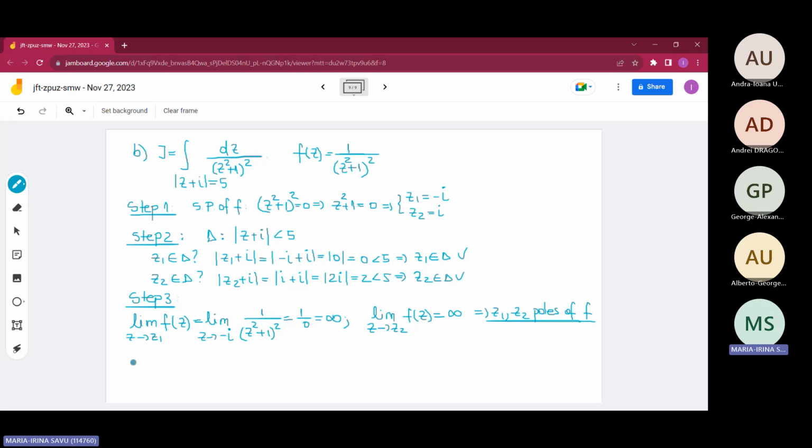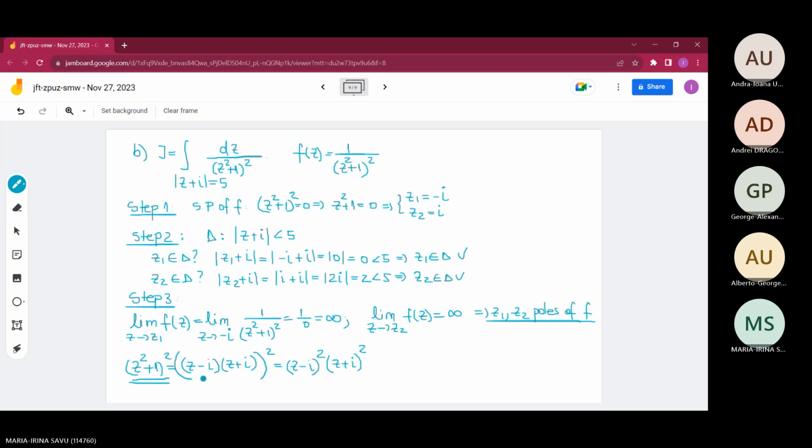to write the denominator, which is z squared plus 1, squared, as a product. You know that z squared plus 1 is z minus i times z plus i, but here everything is squared because of this exponent. So it is z minus i squared times z plus i squared. Okay, so this is the denominator.